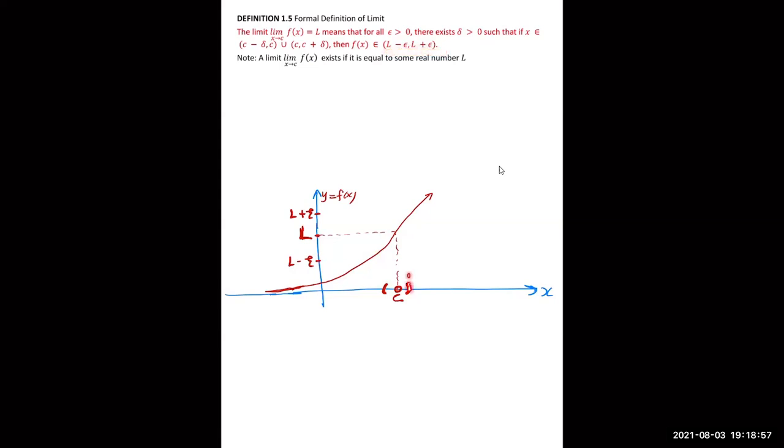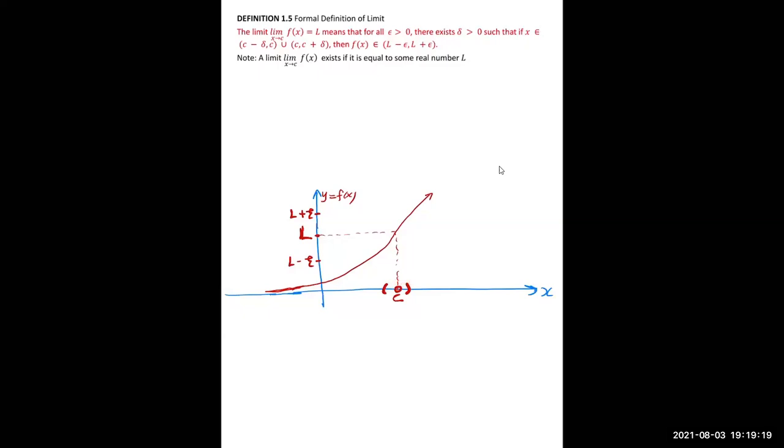Also on the other side, if you take this value, your y value is here. So that means this would be a good candidate for delta. Whatever the length that you took here, the length from C to the left endpoint of the interval, this length is your delta. Of course, this is also delta in that case. That delta is going to work in this case.